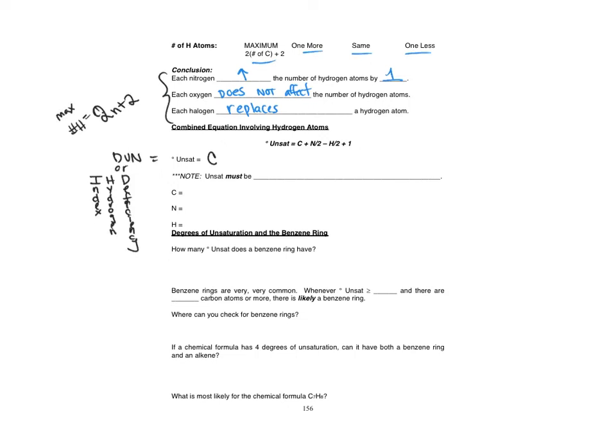So the max number is 2n plus 2, but halogens and nitrogens play a role in the hydrogen count regardless of rings and pi bonds. Then we can put all of that information into the following formula. So C, number of carbons, plus the number of nitrogens divided by 2, minus H, counting the same as a halogen, so X equals halogen, H plus X over 2 plus 1.